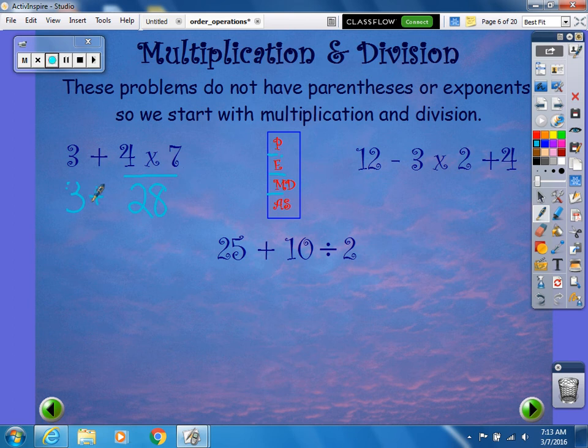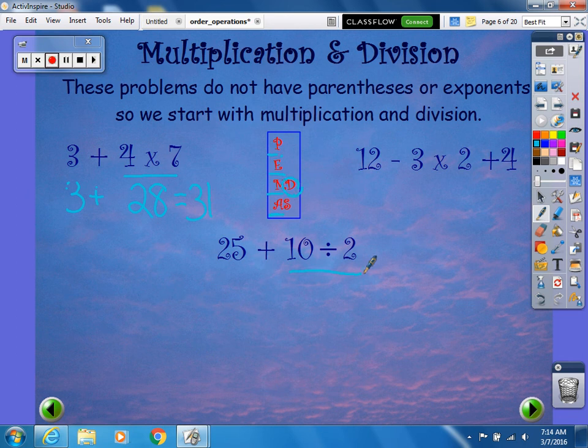What is 3 plus 28? It's 31. Awesome. Let's take a look down at our second problem. We have 25 plus 10 divided by 2. Are we going to do addition or dividing first? What do you think? Well, if you look up here, our dividing comes before our addition, so we're going to divide first.